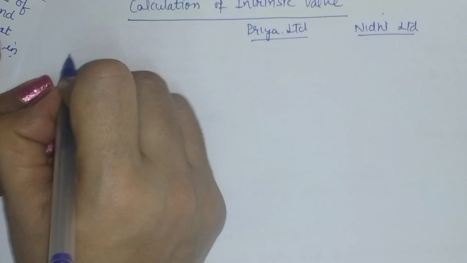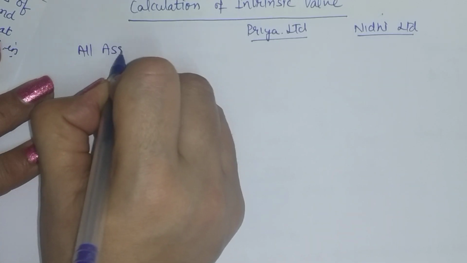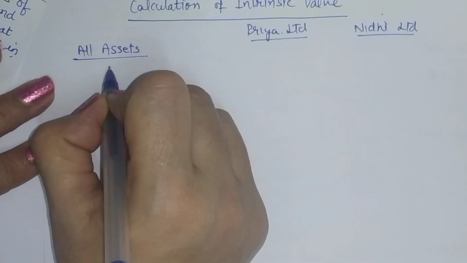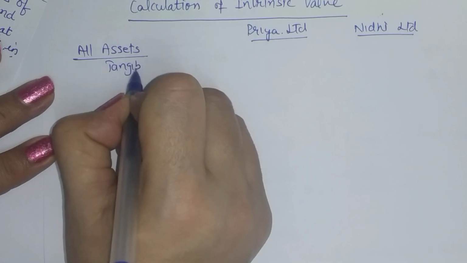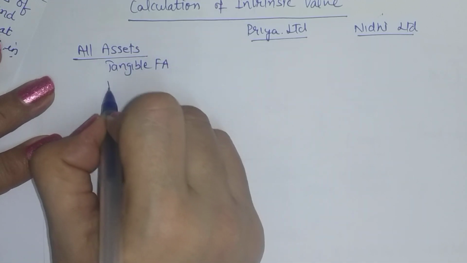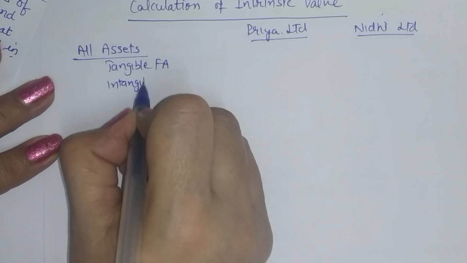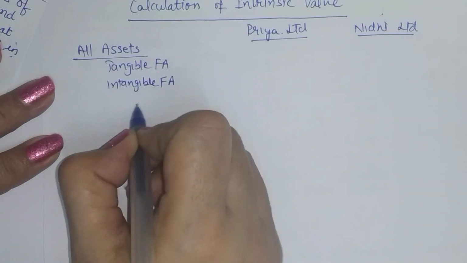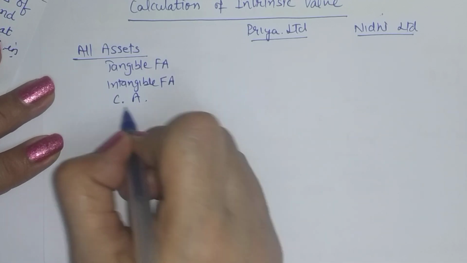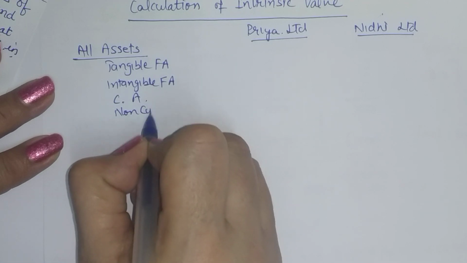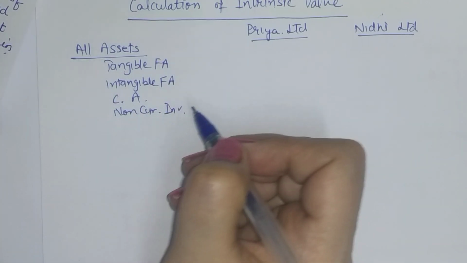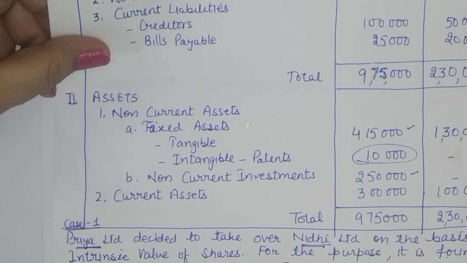Starting with the assets, we take all assets except fictitious assets. So we have tangible fixed assets, we have intangible fixed assets which include patents, then we have current assets, and we have non-current investments. Now it says that the patents are valueless.